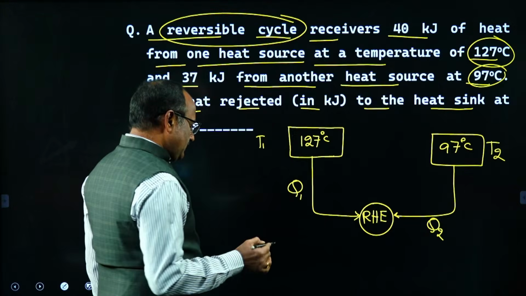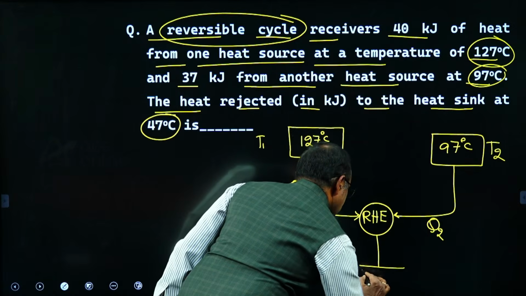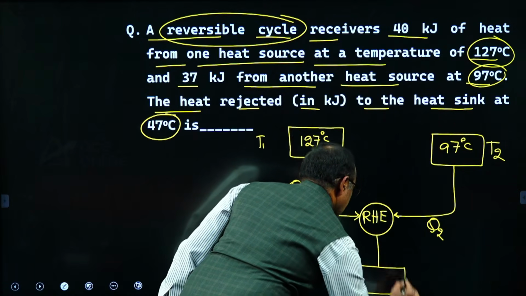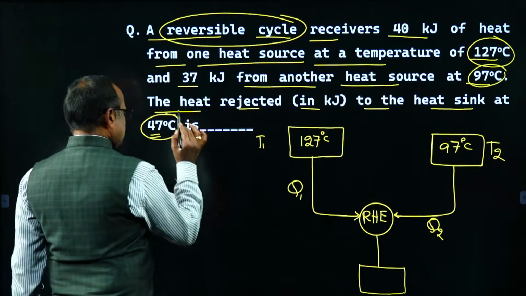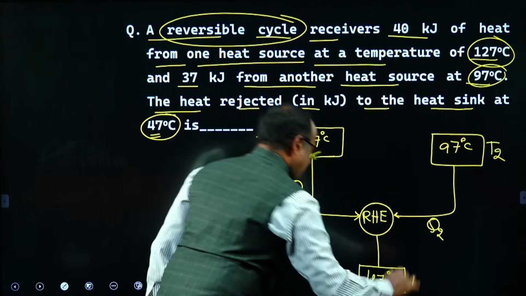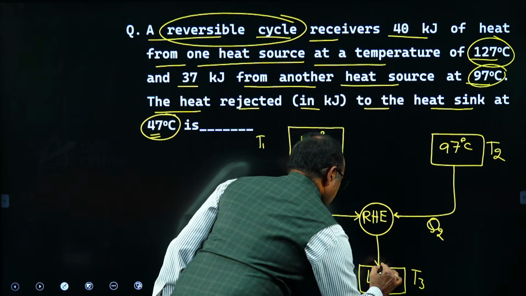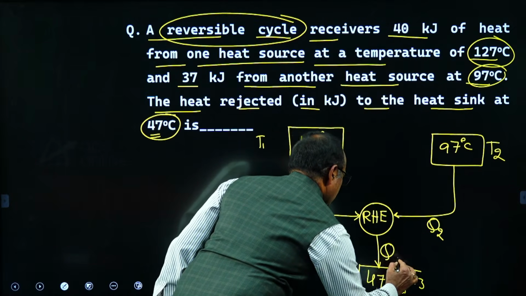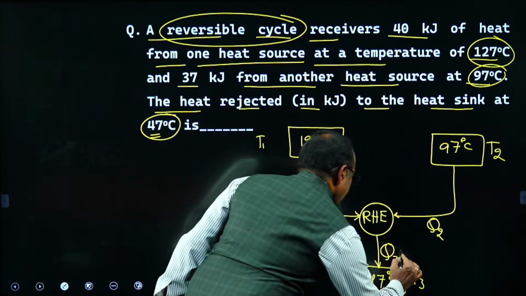These two are for supplying the heat, and the engine is rejecting heat to the sink. That sink temperature is given as 47 degrees centigrade. Assume the sink temperature is T3, receiving Q3 amount of heat energy. Okay, this Q3 is how much?